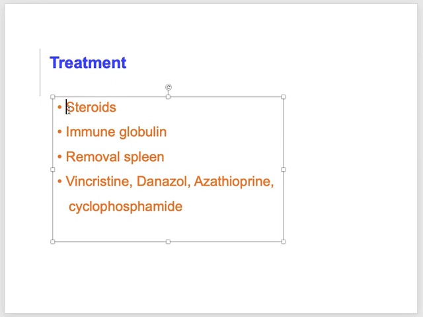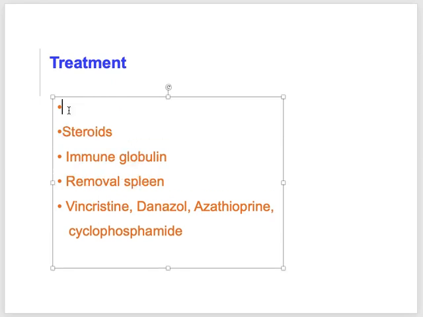Okay, so one of the things to remember here is that until and unless the platelet count is more than 30,000, there is no need of treatment. If the patient is bleeding, of course there is need of treatment. But if the patient is stable, there is no need of treatment.